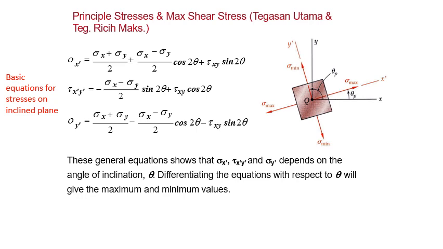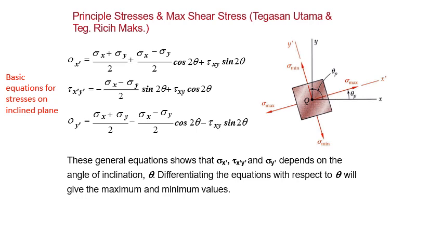To get those equations, we start from the basic equations. We also have sigma y prime if you want, but you don't need to memorize this equation. You just change the angle theta and you will get sigma y prime. Just add or minus 90 degrees to the basic angle, because they differ by 90 degrees.